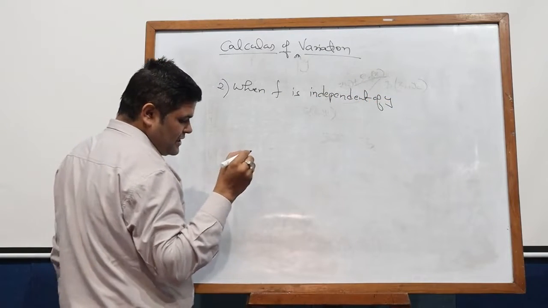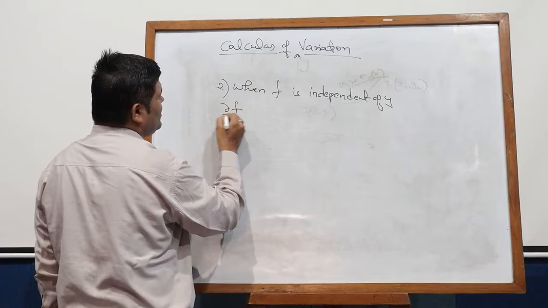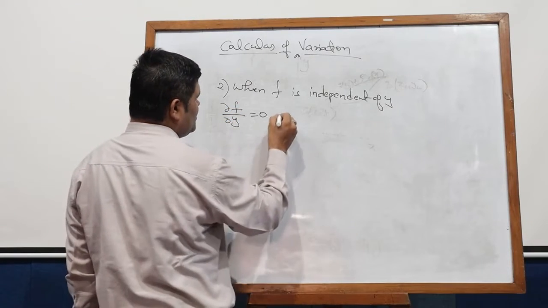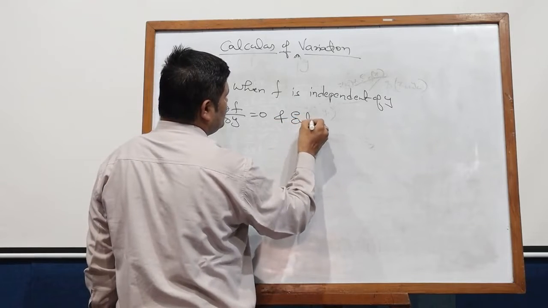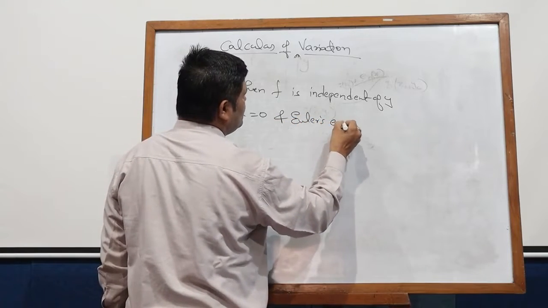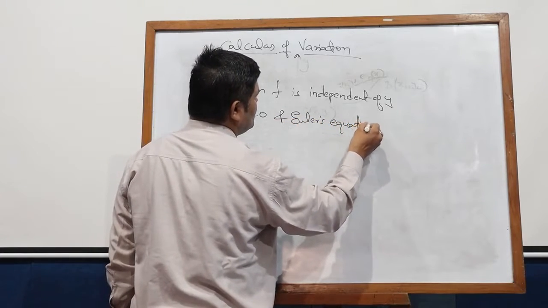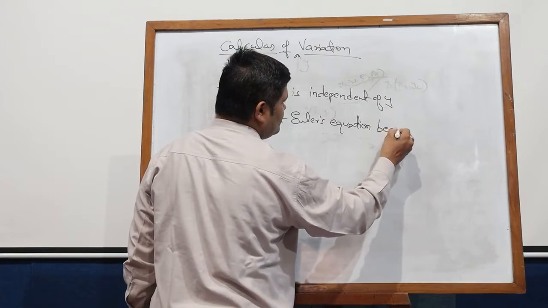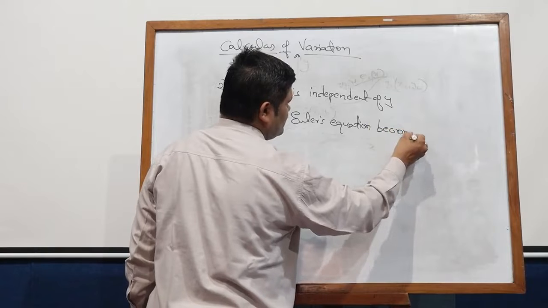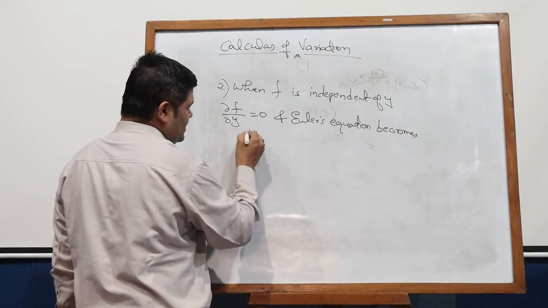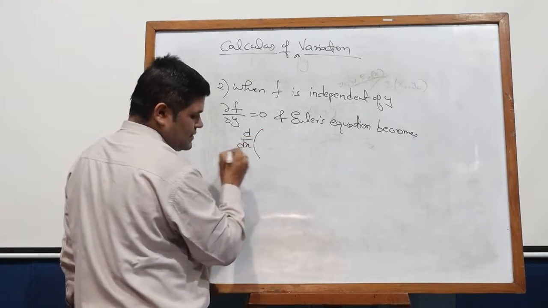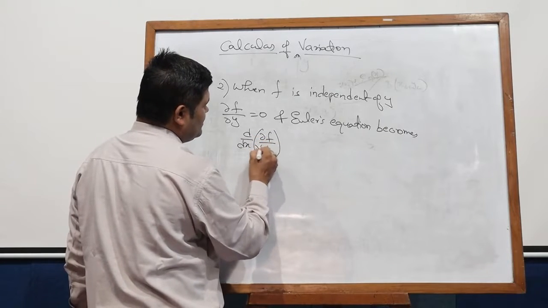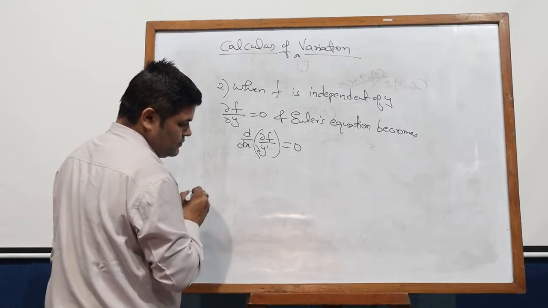When f is independent of y, del f upon del y equals 0, and Euler's equation becomes d upon dx of del f upon del y dash equals 0.